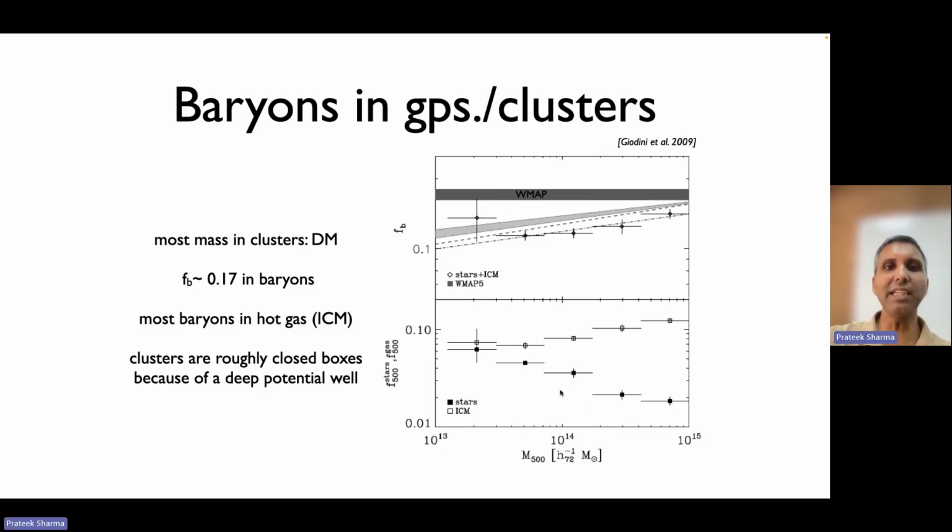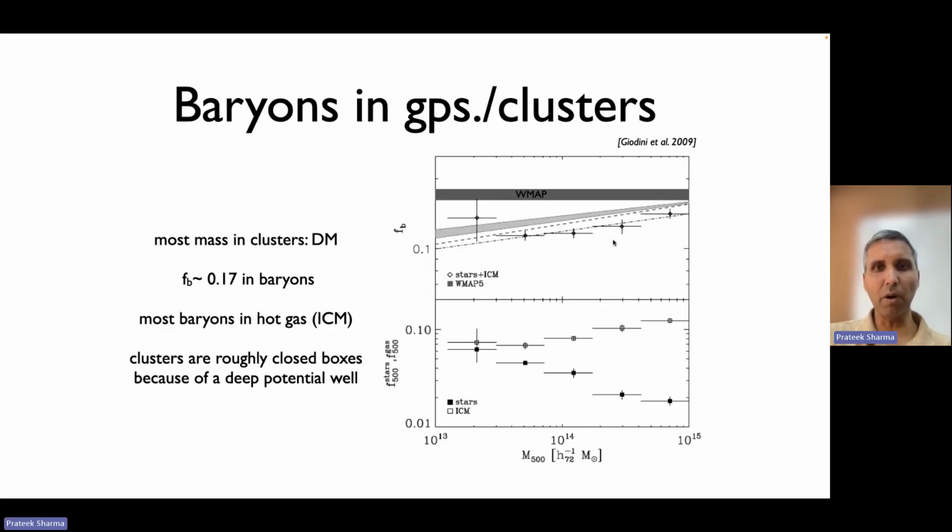And the interesting thing is, if you separate these baryons out into stars and the ICM, you see that as you go to more and more massive halos, a higher fraction of baryons are in the ICM, in the diffuse gas. So clusters are roughly closed boxes. Essentially they have almost all the baryons which were there at the cosmological epoch. They are like closed boxes. Whereas small mass halos, like the Milky Way, have lost most of their baryons beyond their M200 or M500.